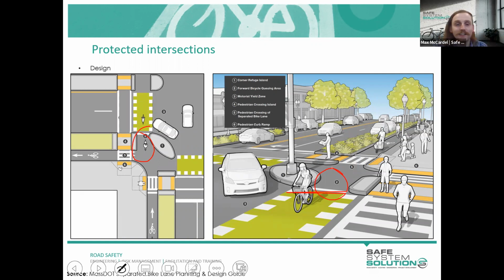If not, they can get stuck in awkward spaces, or they may be forced to enter the footpath if there's nowhere for them to store, or they may just assume that they've got right of way at all times and keep traveling through the intersection. So it's important to have those stop lines there, just to acknowledge that when the light is red, you are also forced to stop at these locations. It's just really articulating where that space is as well.